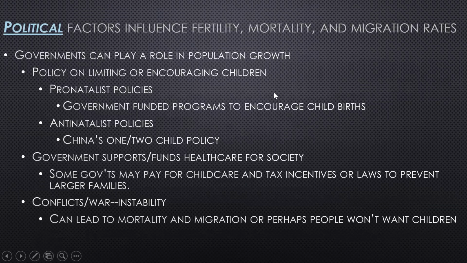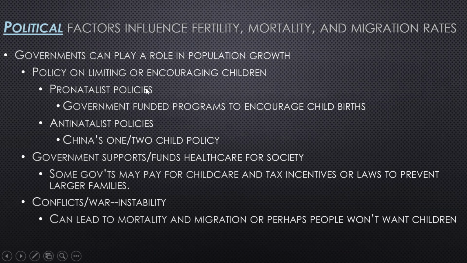Political factors can also influence fertility, mortality, and migration rates. Governments can play a huge role in population growth. There might be policies limiting or encouraging children. There might be what we call pro-natalist policies, where the government funds programs promoting population growth, encouraging childbirths, or antinatalist policies, those that try to limit population growth, like China's one-child policy.